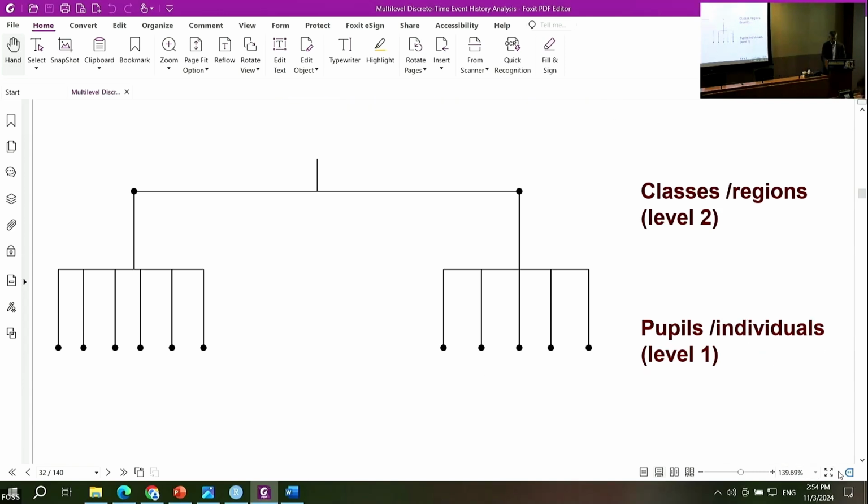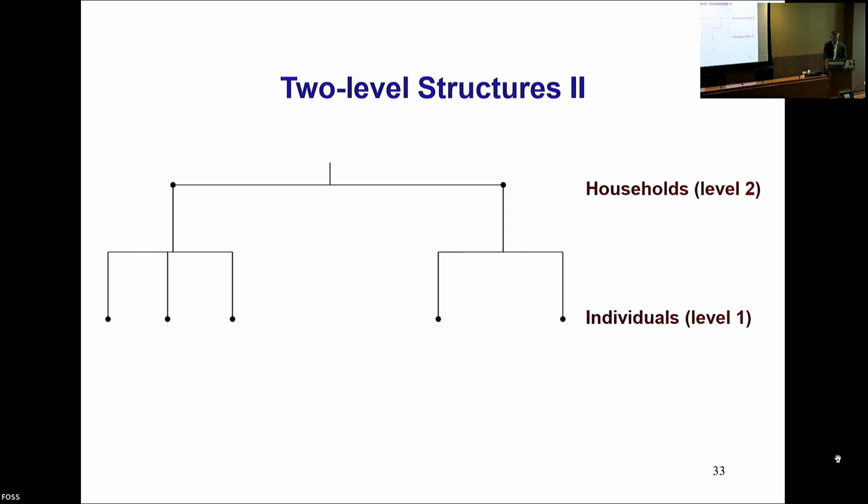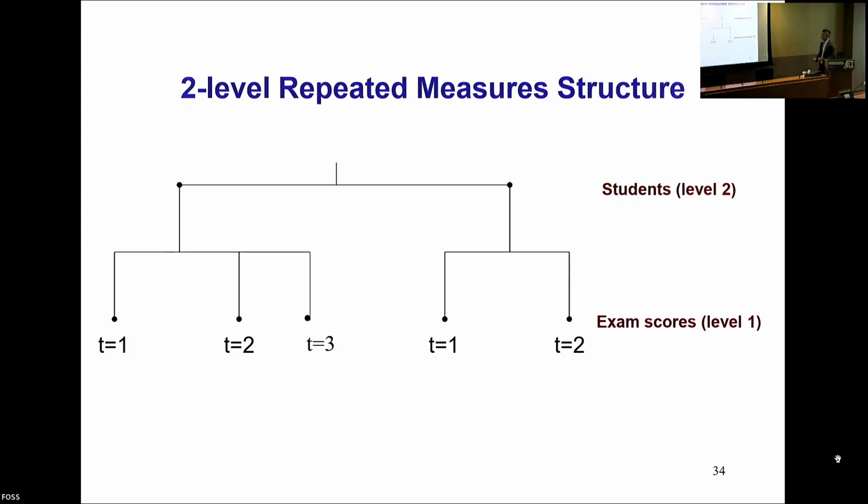The other thing, here's another example, individuals within households. So clearly, you can think again here, individuals within households, within communities, neighborhoods. All of these higher levels like households, communities and neighborhoods can affect individuals as well. And here's another typical example. Here, level one is not the lowest level.